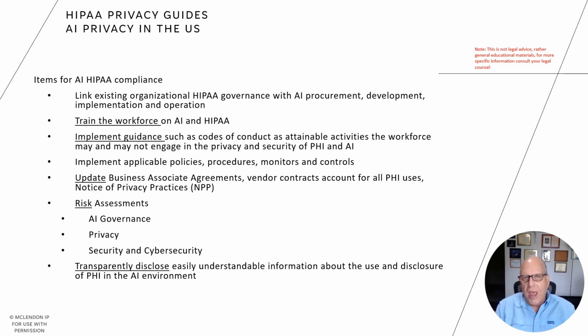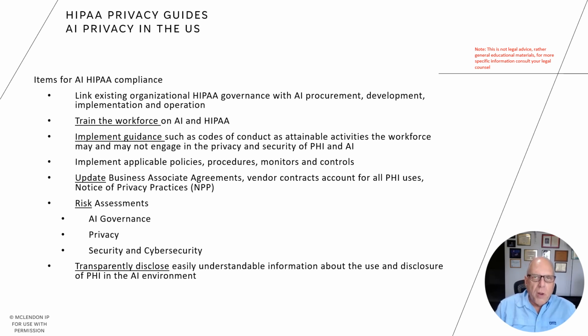But you've got to do that specific risk assessment. We offer that at McClendon IP, should you need it. And again, the NIST standards are very much what that is based upon now, but there are other laws and regulations and different frameworks we can use besides NIST.